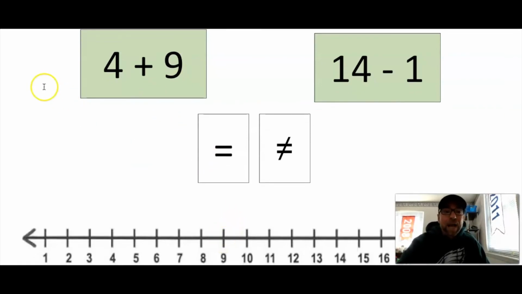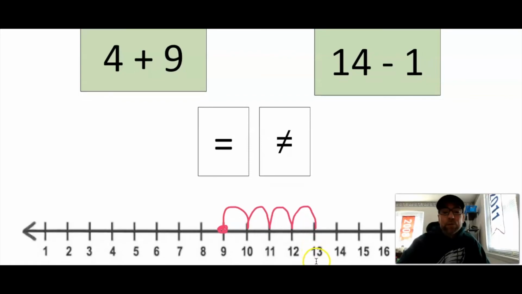So we'll put a dot at 9, start at 9, and count up 4. 1, 2, 3, 4. Where did you land? So I landed on the number 13. I'm going to write that just so that I remember it. 4 plus 9 equals 13.